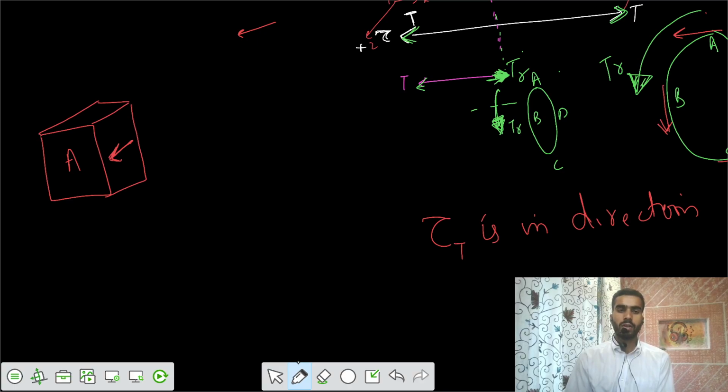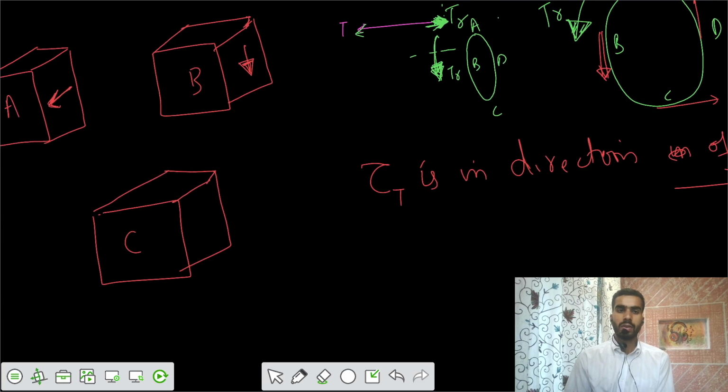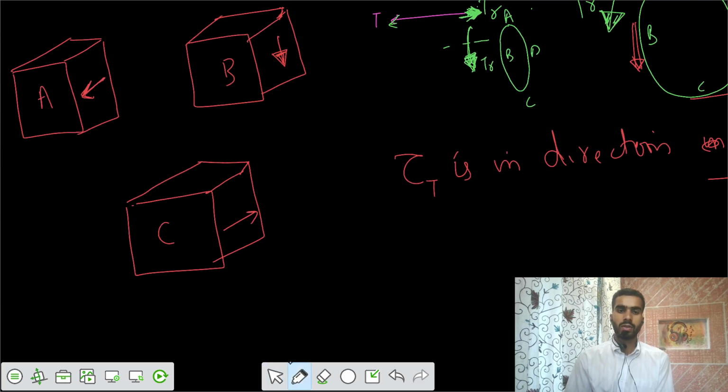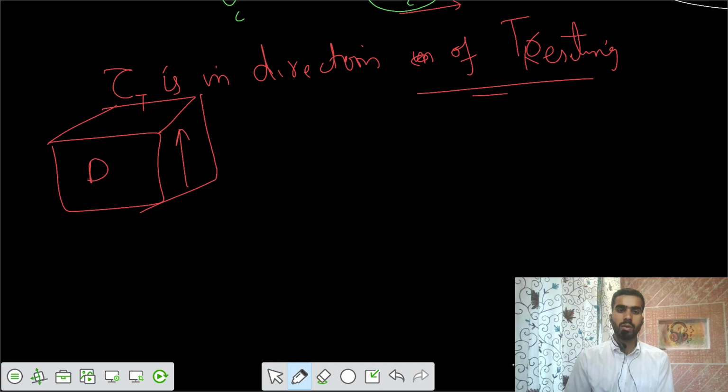So we got this tau, and you take the other element, your element B. On this one we have downward tau. Similarly for the point C, the direction of tau is in this way. And for the point D, we have the direction upwards, so we have this upwards tau.